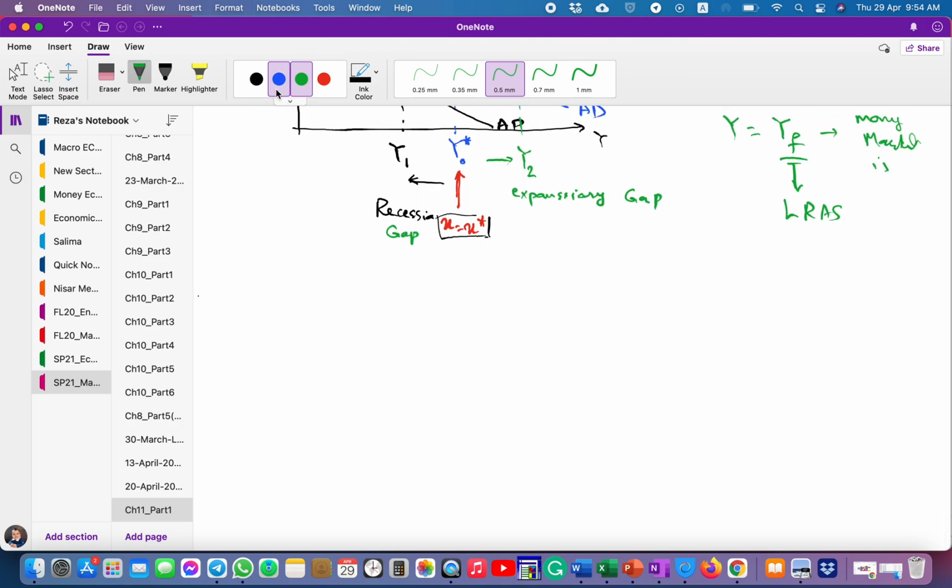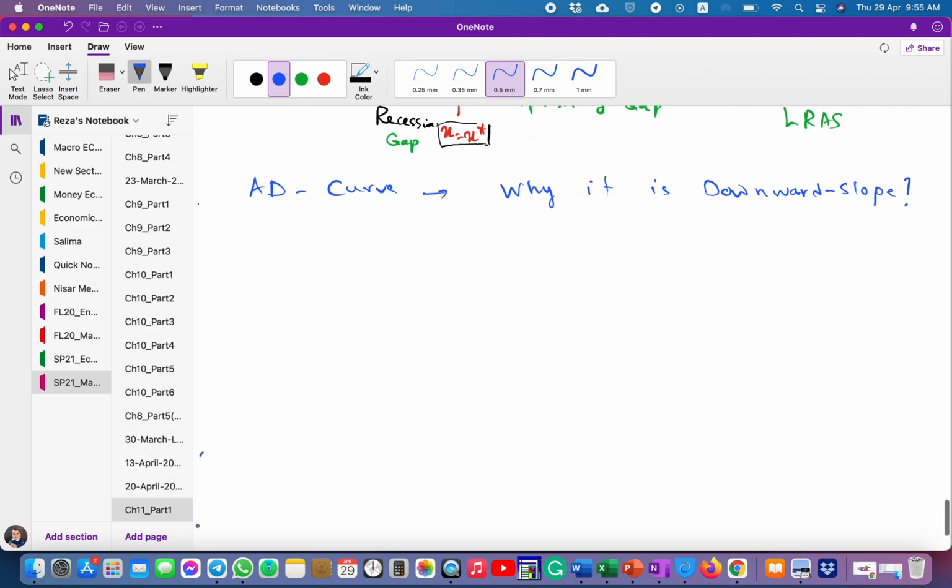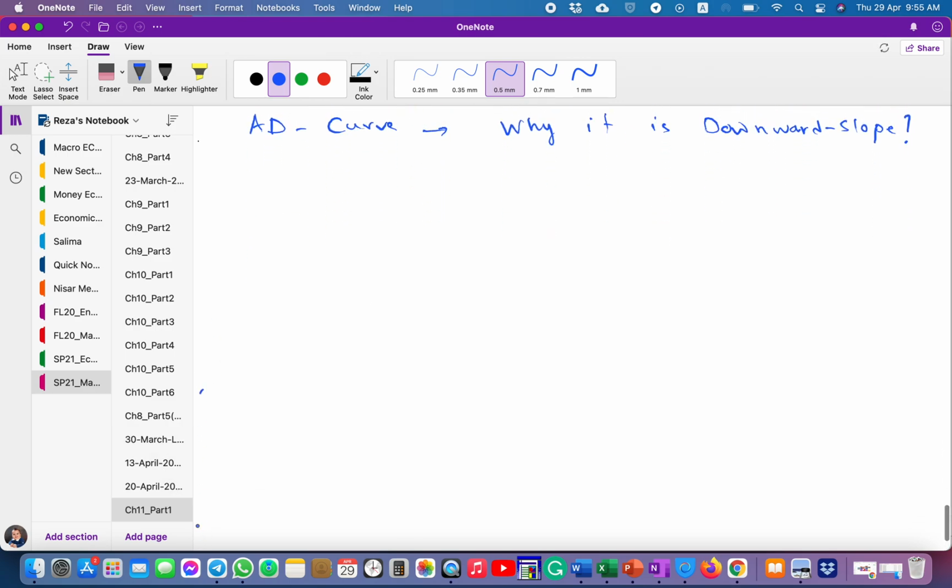With the aggregate demand curve, the question is why it is downward sloping. Already we explained one reason, but there are actually three major reasons.